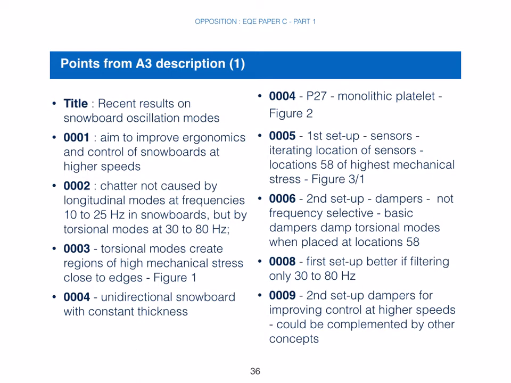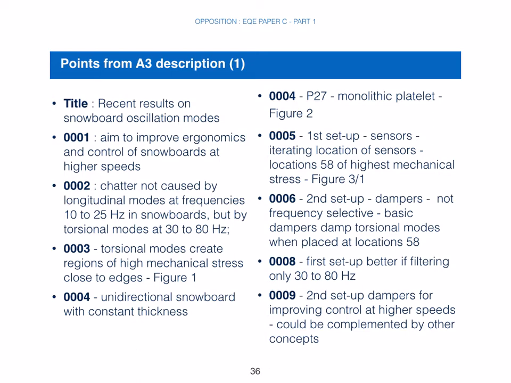Paragraph 5 deals with a first setup where, by iterating the location of the sensors, locations 58 of highest mechanical stress are found, figures 3 and 1. So 58 is the location of highest mechanical stress.